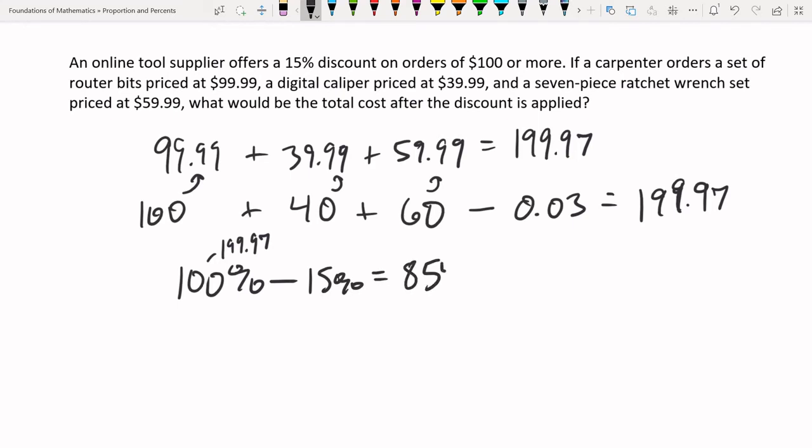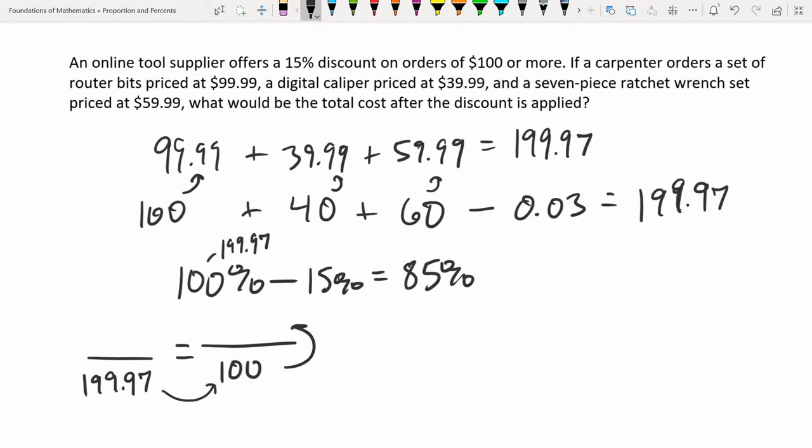So our new price, our new amount is going to be 85%. So if our whole is $199.97, which goes to 100%, and that changes to 85% of its new amount, and that means this is going to change to a smaller X amount. That's what we're trying to find here.